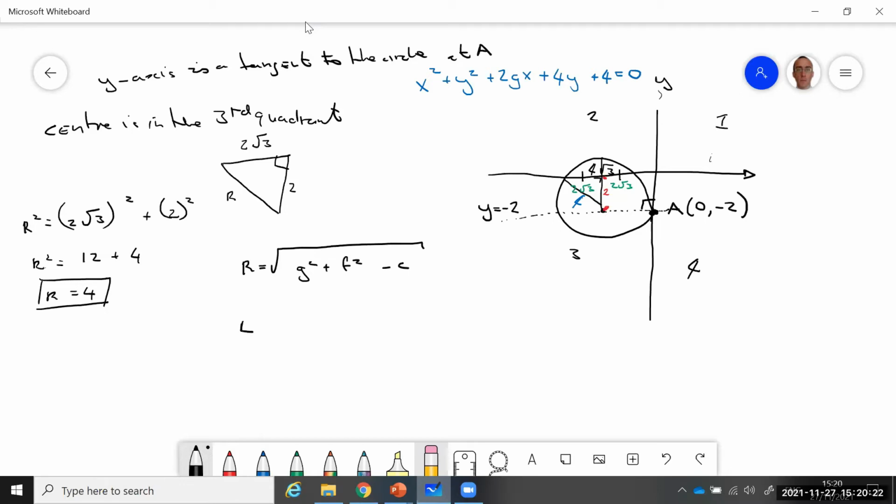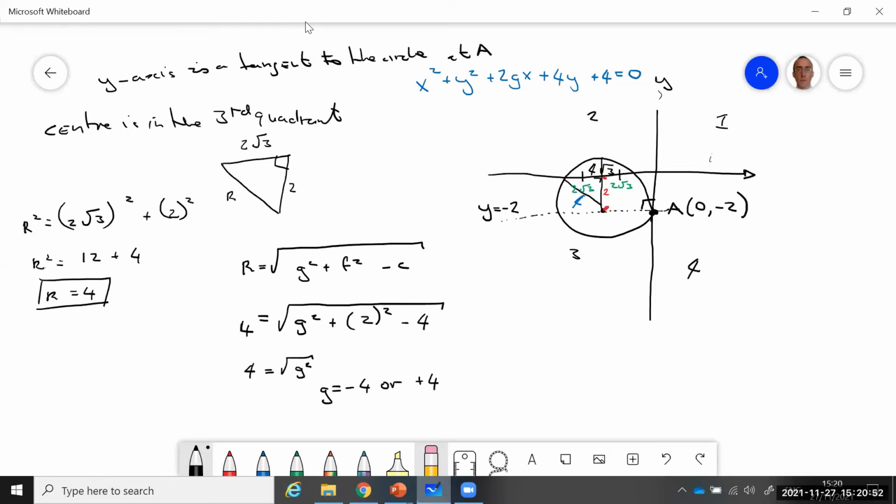So we sub in our values, because remember, we want to find G. So G squared plus F squared, and we said that F was 2, so F squared was 4, and we said that C was 4. Therefore, that tumbles out, 4 is the square root of G squared. So therefore, G can be -4 or +4.